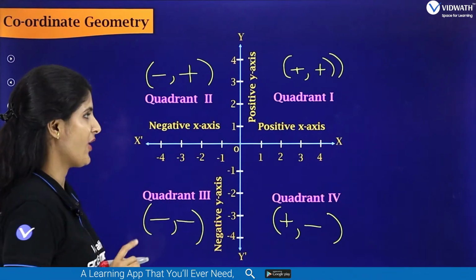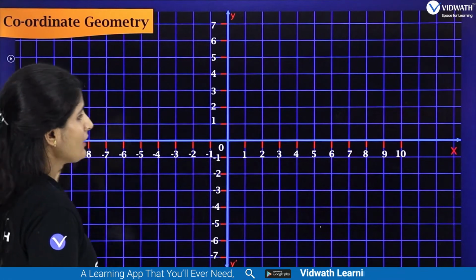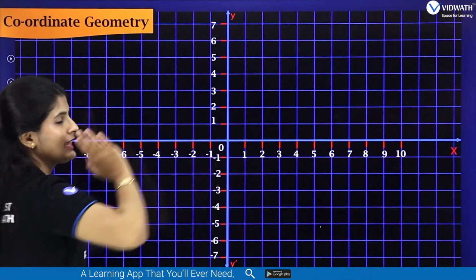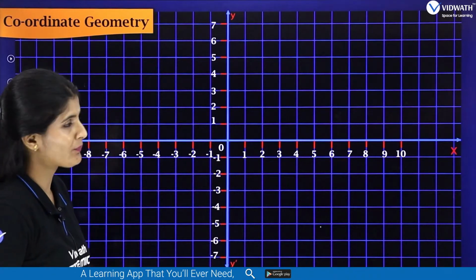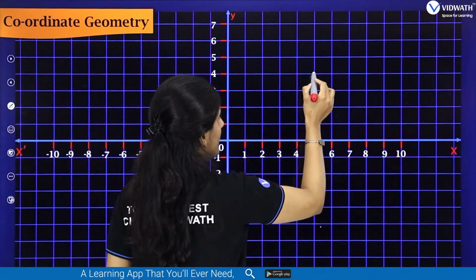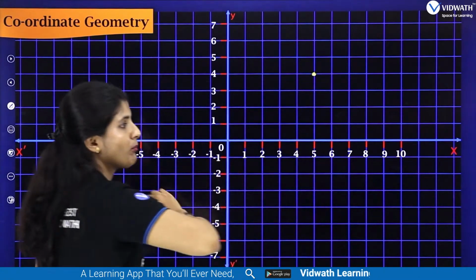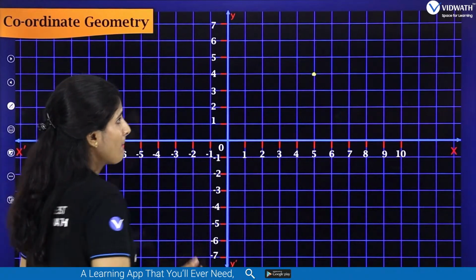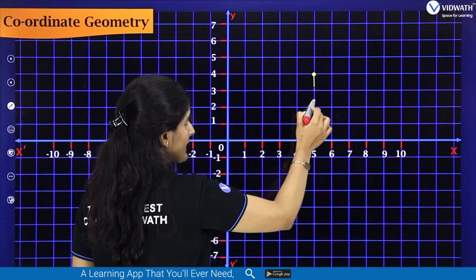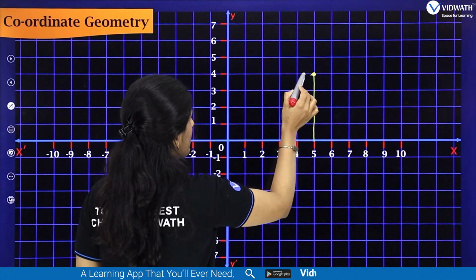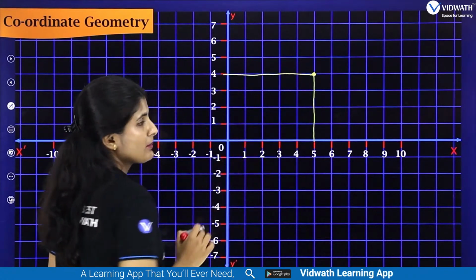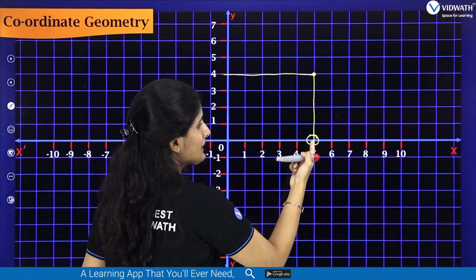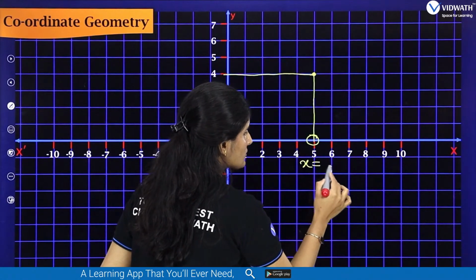Clear, students? Alright. Now, in your graph sheet, we have the x-axis and the y-axis intersecting at the origin O. So, if there is any point, say this particular point on your graph sheet, I can easily find the location of this point by drawing a perpendicular to the x-axis from the point and drawing a perpendicular to the y-axis from the point. The point at which the perpendicular meets the x-axis is our x-coordinate.